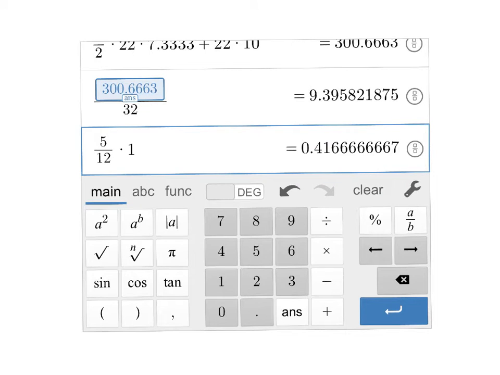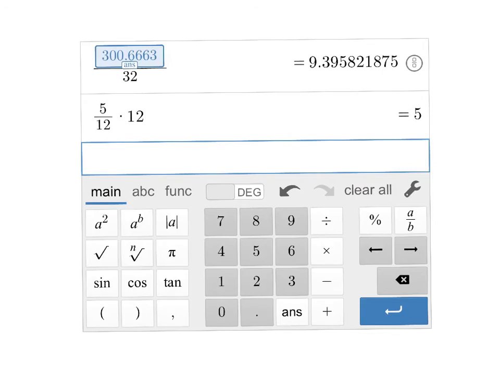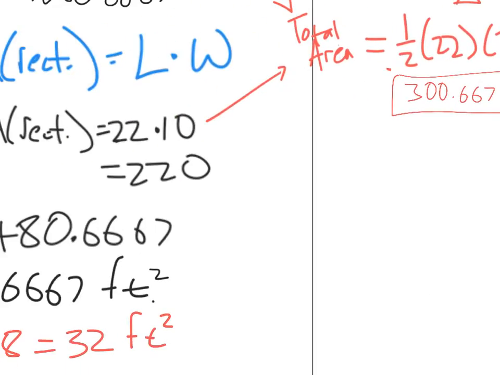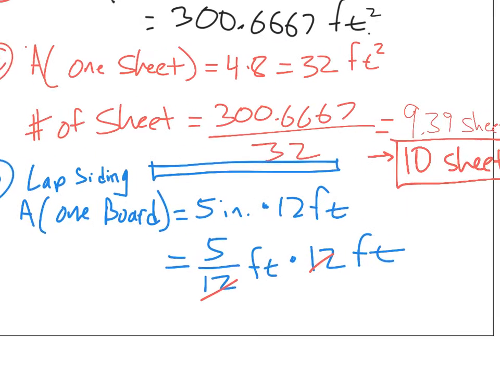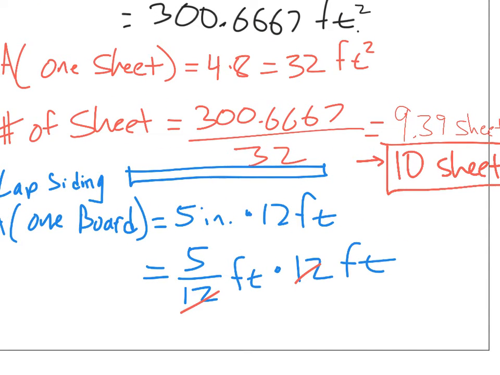Those just counteract each other. It's 5. So great, that's going to be 5 square feet. So one board covers 5 square feet.